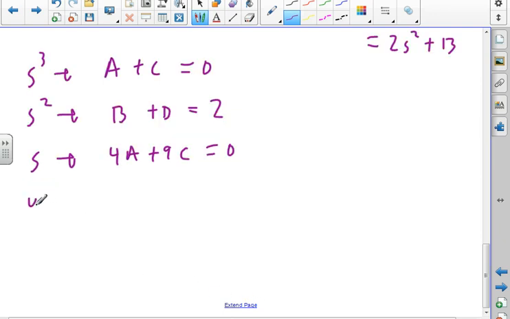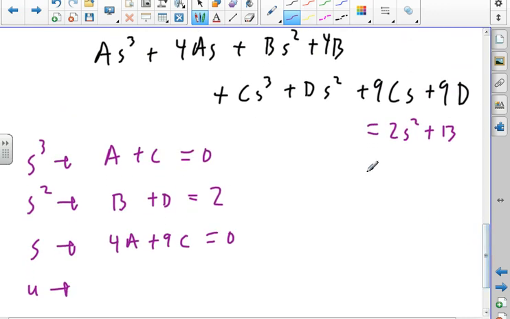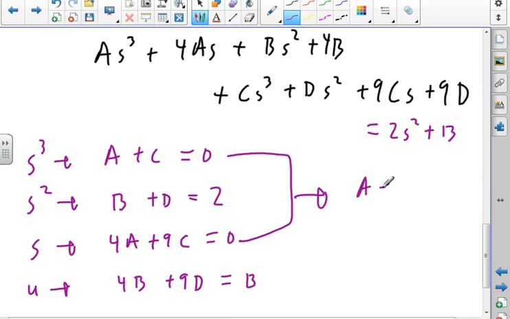I'm going to look at the unit term, and I have 4b plus 9d is 13. Now, if a plus c is 0 and 4a plus 9c is 0, what is our conclusion? Huh? Okay, so our conclusion is a is 0, c is 0.